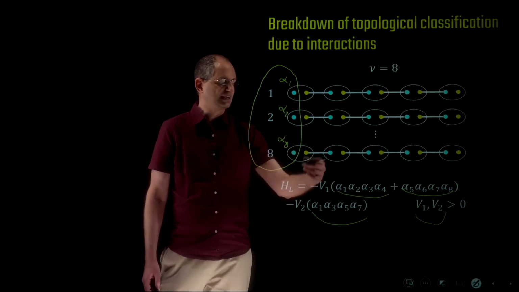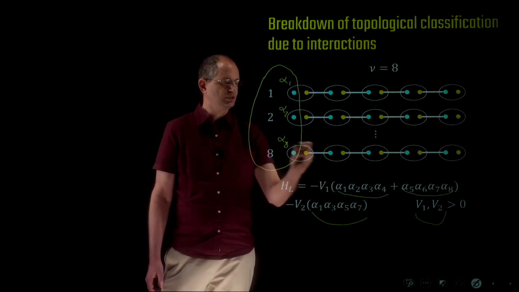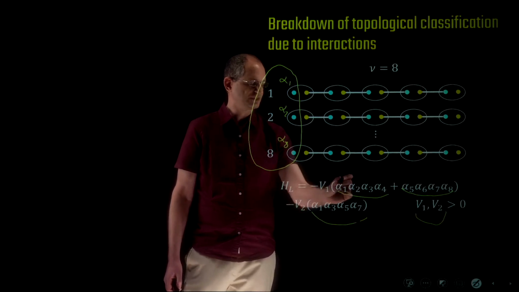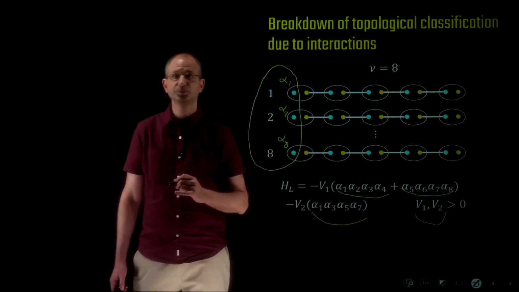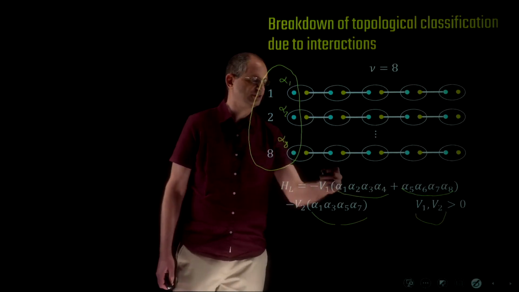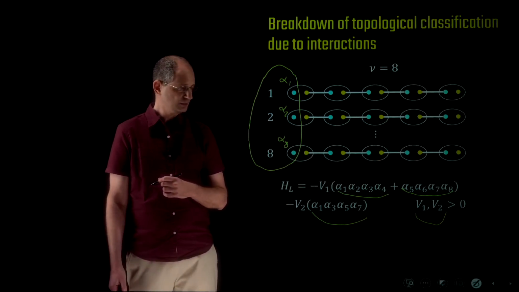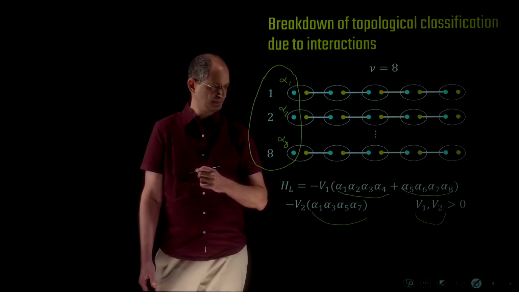I'll leave the diagonalization of this Hamiltonian as an exercise. I'll just point out that it's constructed to be easy because all of these terms commute with each other. So they're not hard to diagonalize. We can just diagonalize each one of them separately and then add the energies and count the ground state degeneracies.